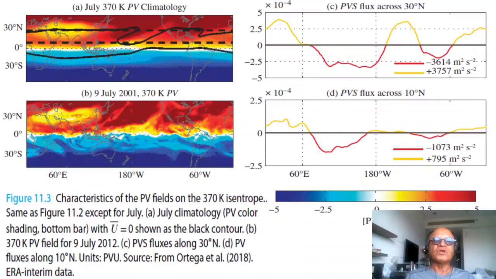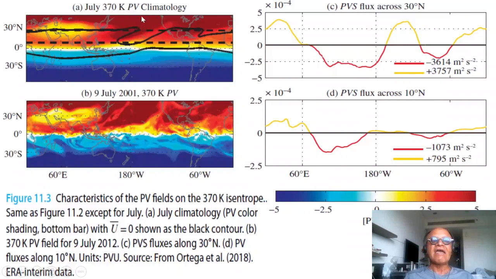Do the same thing for July at 370K. Boreal summer month, you again see the upper tropical trough this time instead of the westerly duct, which is a summer feature. You can see the changes here, which are really interesting, both on a given day and in the climatology of July. You have a minimum in PV, potential vorticity, because of the monsoonal heating and the monsoonal circulation.